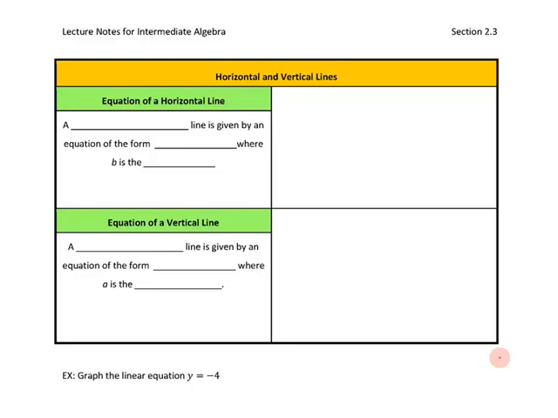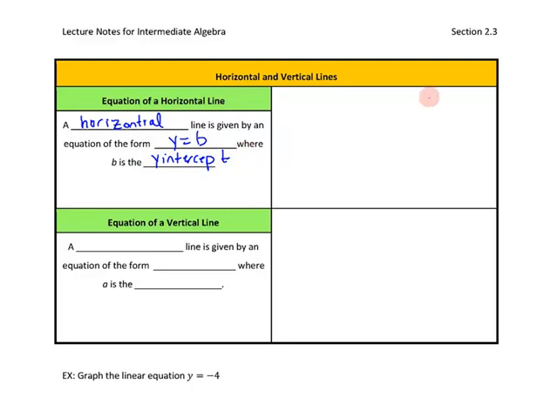You saw that there were 2 types of slope possibilities, a horizontal line and a vertical line. Remember that a horizontal line is when the slope is equal to 0. So for an equation, a horizontal line is one where m is equal to 0, and the equation takes the form y is equal to b, where b is the y-intercept.